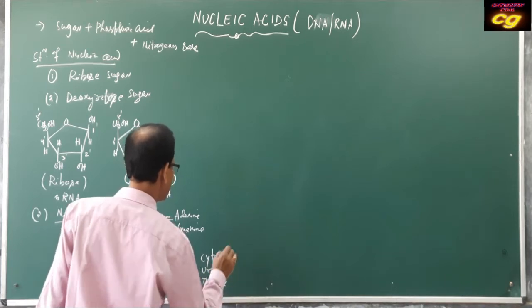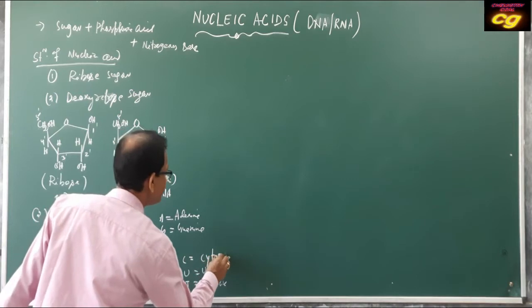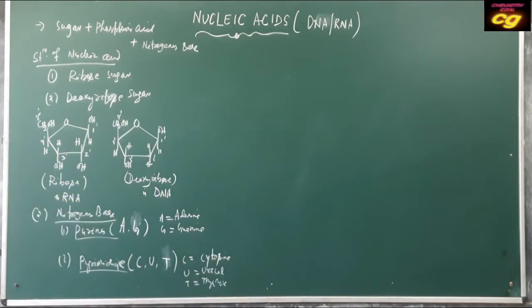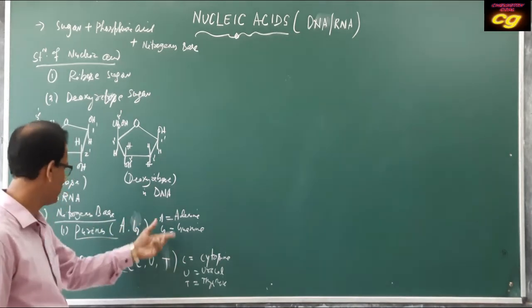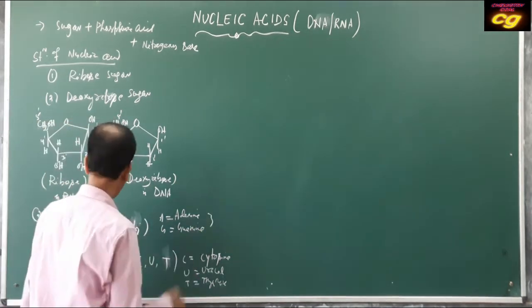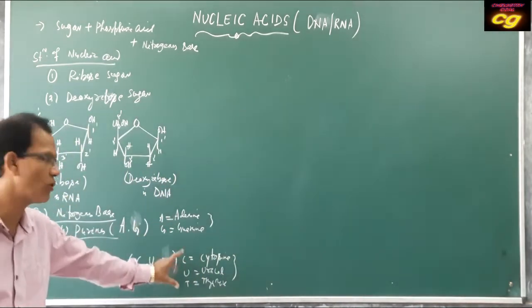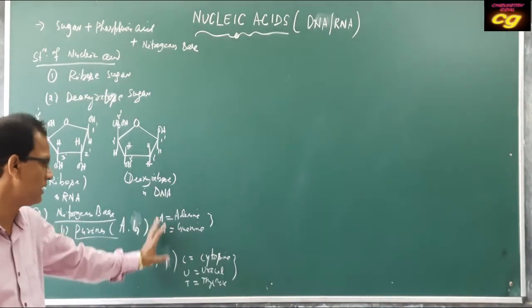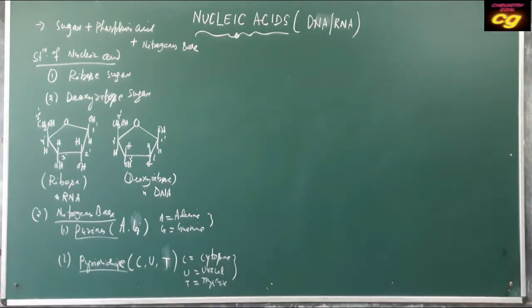So these are the types of base. Two types of base, purines and pyrimidines. Purines are two, and pyrimidines are three. In short form, AG and CUT: AG, that is adenine, guanine, and CUT, cytosine, uracil and thymine. So these are the bases available in DNA and RNA.